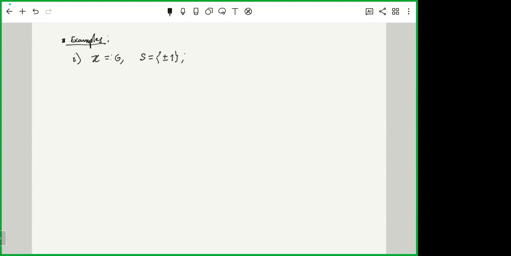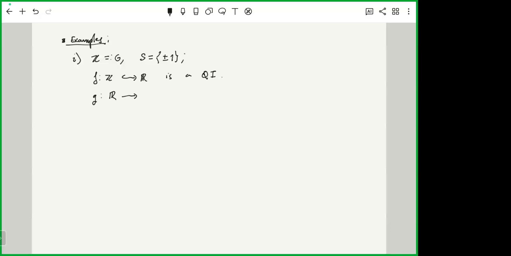Then the inclusion map from Z to the real line is a quasi-isometry. What would be a quasi-isometry inverse? What would be the quasi-inverse from far away?